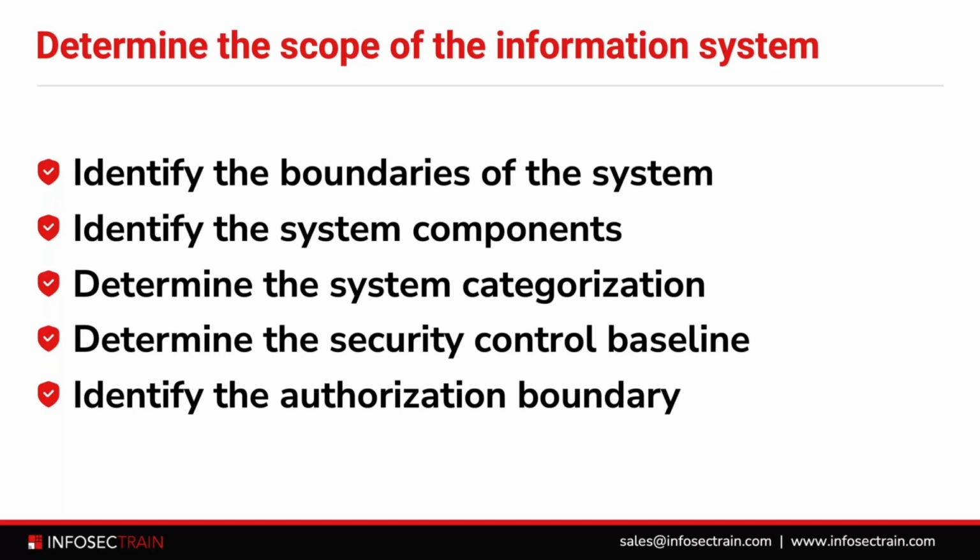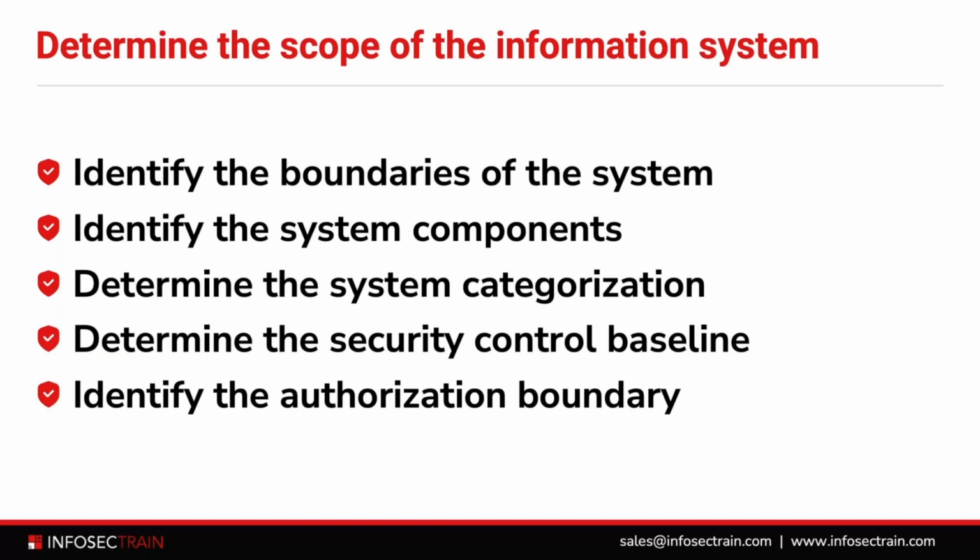Then we determine the security control baseline. This involves identifying the set of security controls required to protect the information system based upon its categorization. Once we categorize the information system, we need to identify the set of minimum security controls required to provide enough security coverage to the systems.